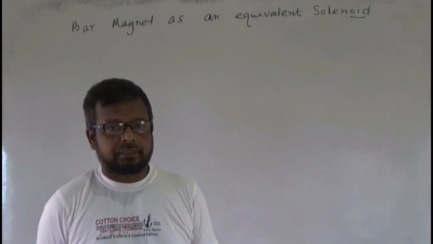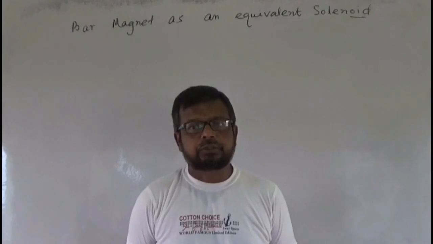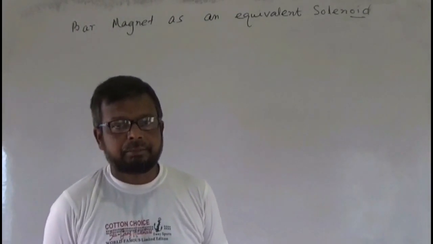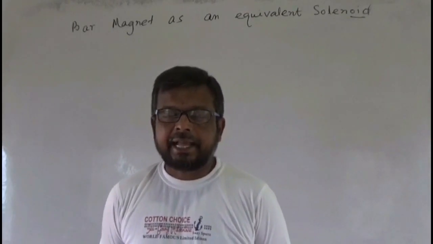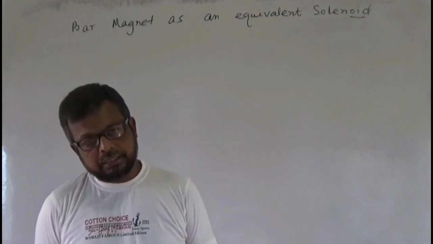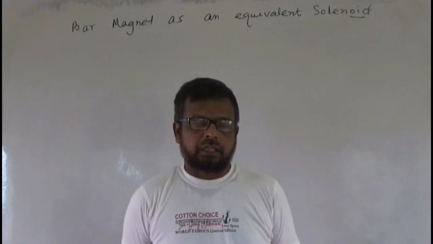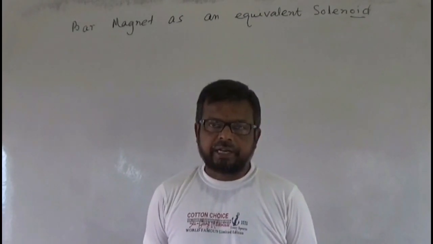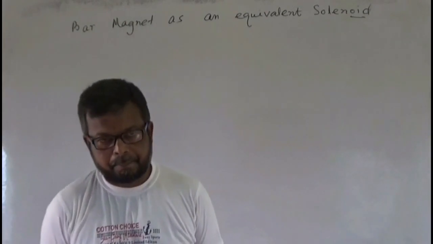Already we have deduced the expression for the magnetic field at an axial point of a bar magnet. Now we are going to calculate the field on the axis of a long solenoid.